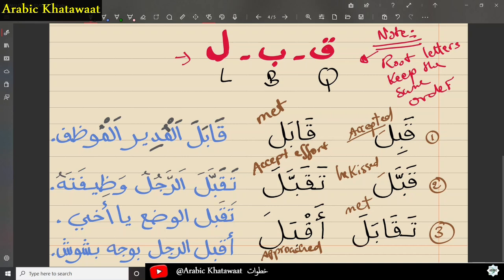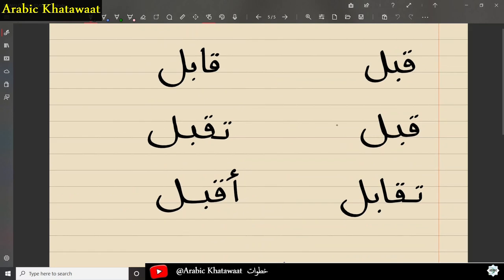And then تقبل الوضع يا أخي. أقبل الرجل بوجه بشوش. So these are just some examples. I'm going to move to the pattern and how we can recognize the pattern in these words.